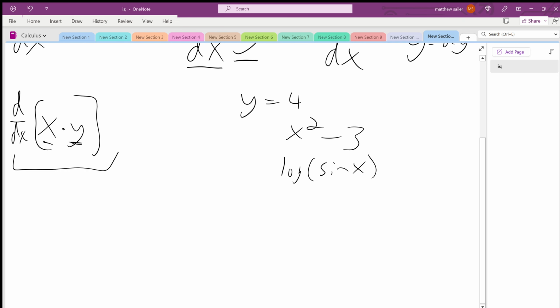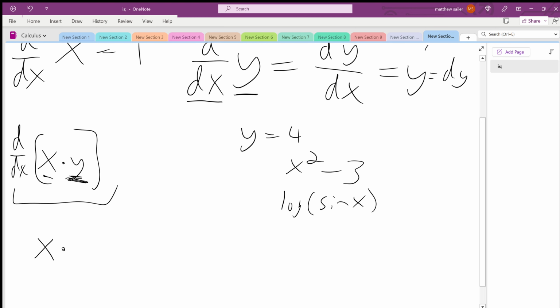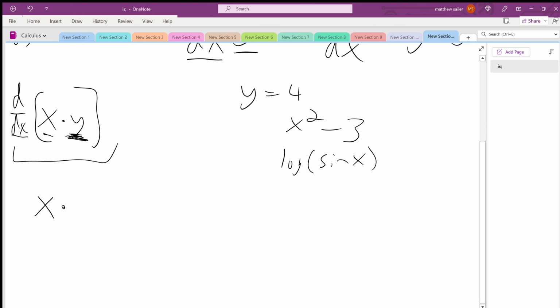So for this small example, if we took the derivative of this, you would get the first times the derivative of the second. So what we said the derivative of y with respect to x is dy over dx, plus the second y times the derivative of the first.